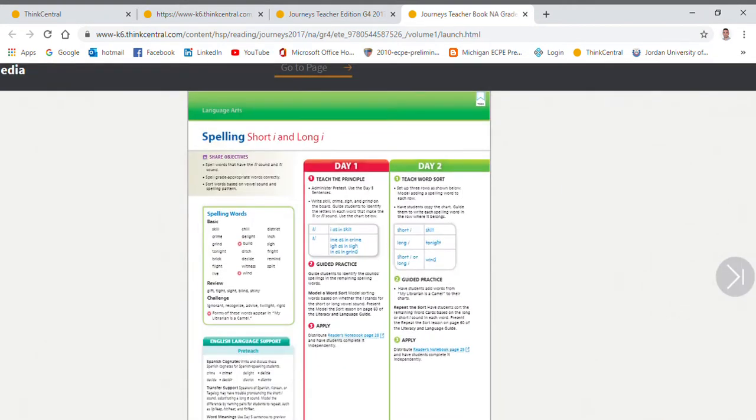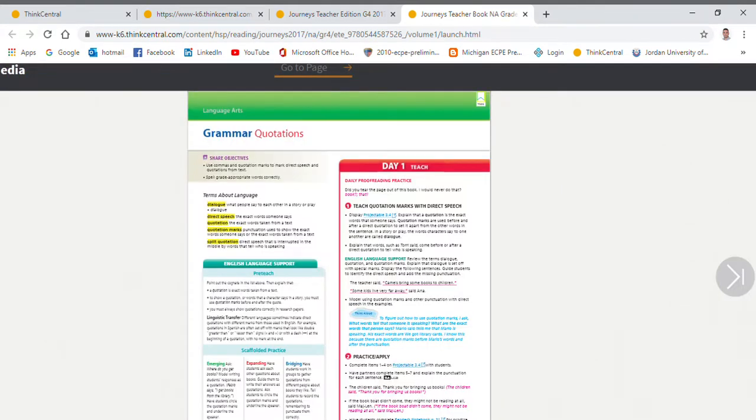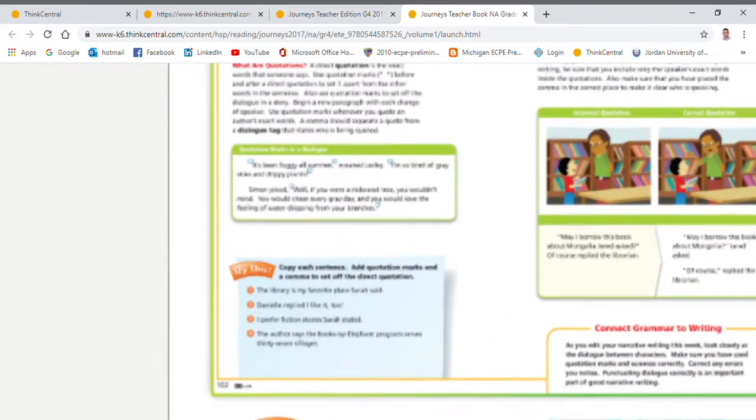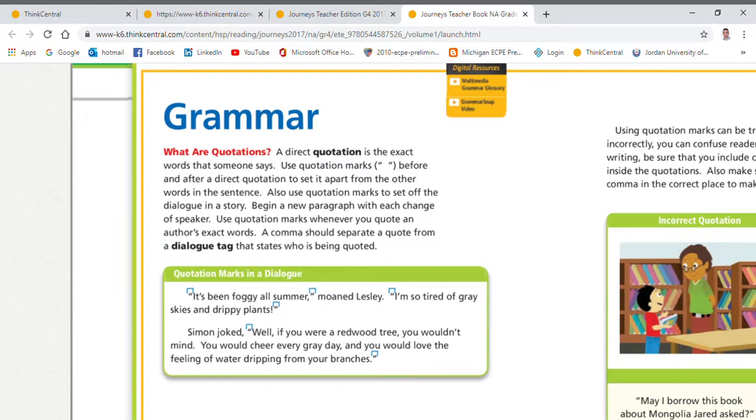Okay. Then, guys, we're going to move to the grammar. In the grammar, guys, we're going to talk about the quotation. Okay. And what is a quotation? A quotation, I'm going to find it in a dialogue, okay? And it's the exact words that someone says, okay?